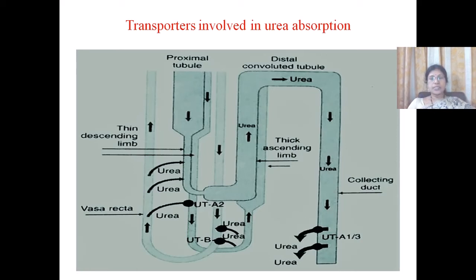When conditions demand water conservation, antidiuretic hormone enhances the urea reabsorption. The presence of the enhanced urea in the medullary interstitium raises the osmotic pressure of the medullary interstitium, which in turn promotes the water reabsorption.